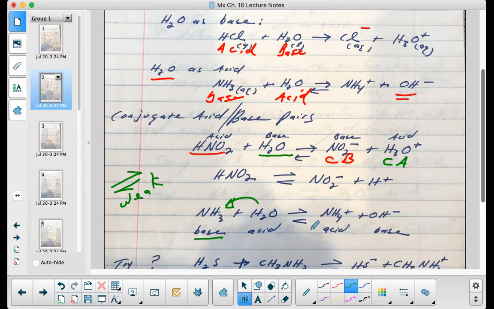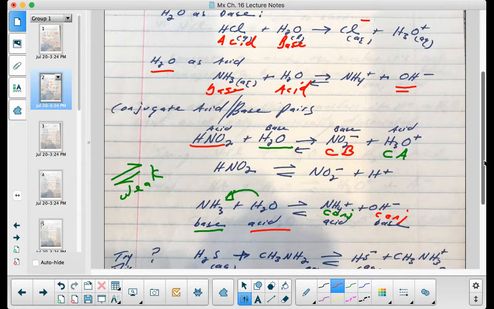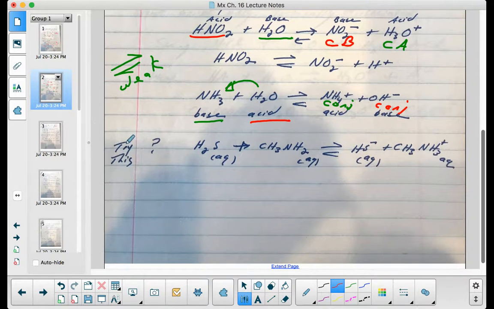So we say that NH4 is the conjugate acid of the base, and OH is the conjugate base of the acid. So what's left behind is the conjugate. Okay, and then here I just have a little example that you can try.